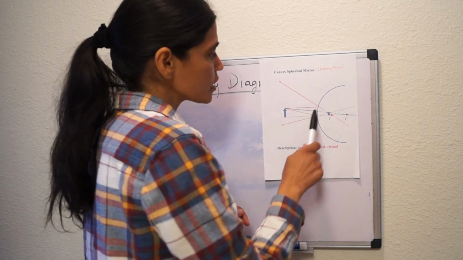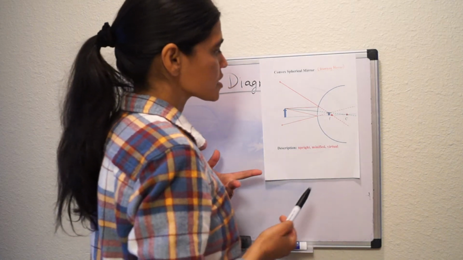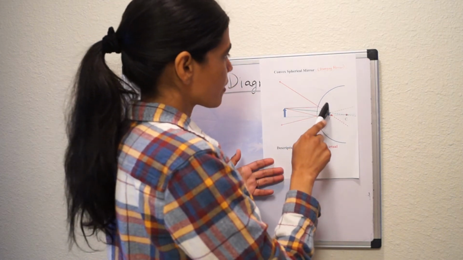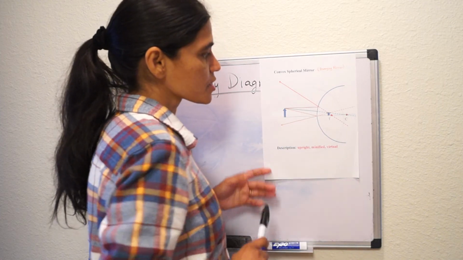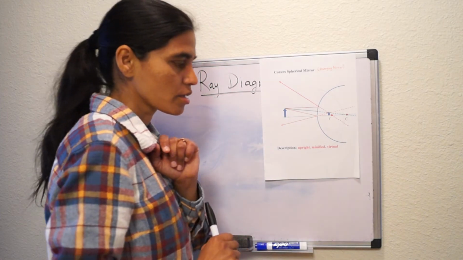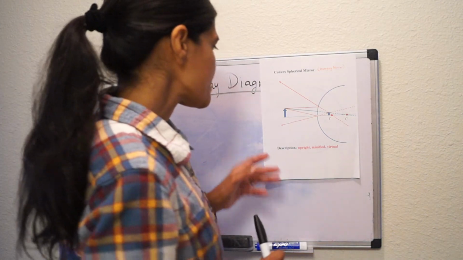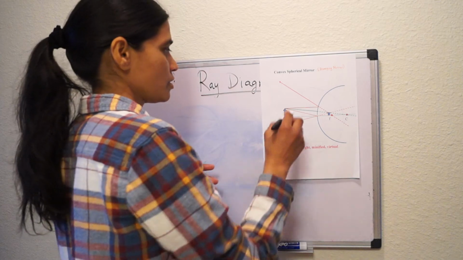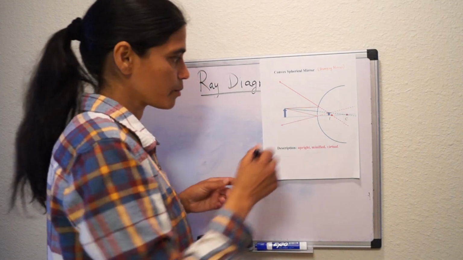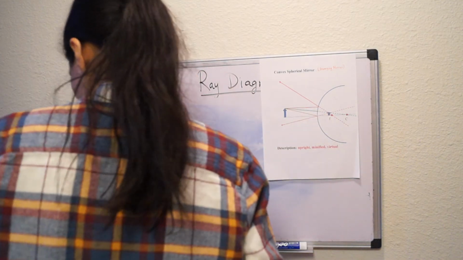But it is virtual because it's formed by the apparent intersection of light. So this is a virtual image. Alright guys, so make this central ray, and make sure you get this image.